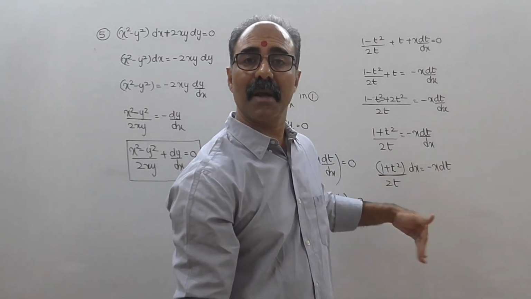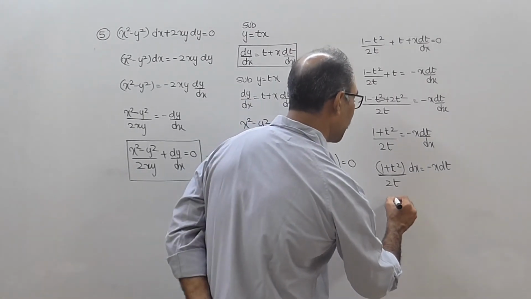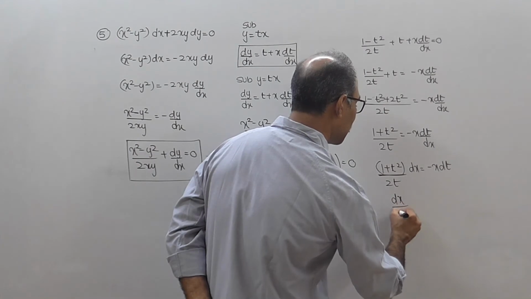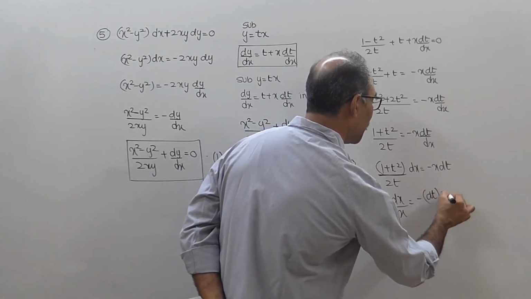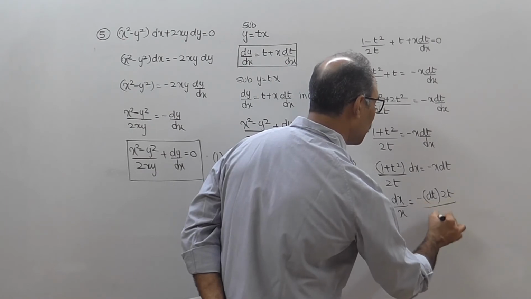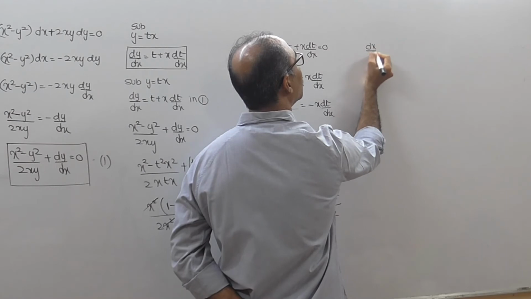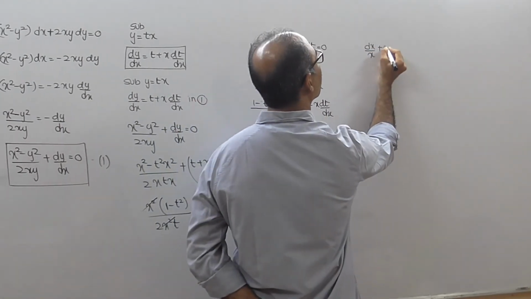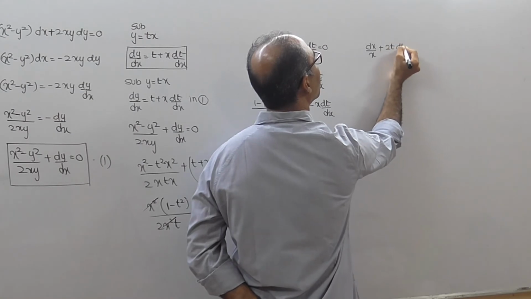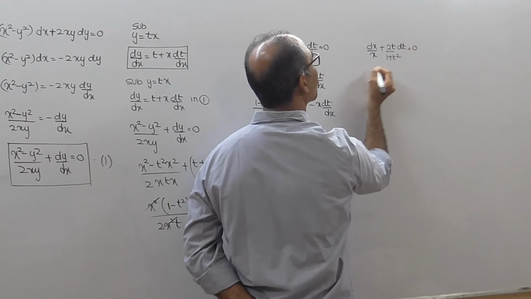Just cross multiply and do the grouping. So if we do that, what do we get? I think I should get dx upon x equal to minus dt multiplied by 2t the whole upon 1 plus t square. So this becomes dx upon x plus, get everything to the left, 2t dt upon 1 plus t square equal to 0.